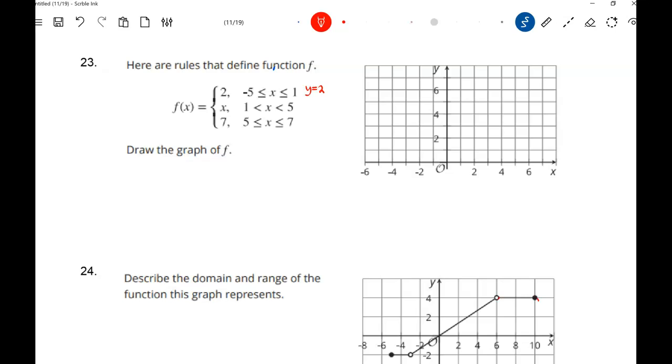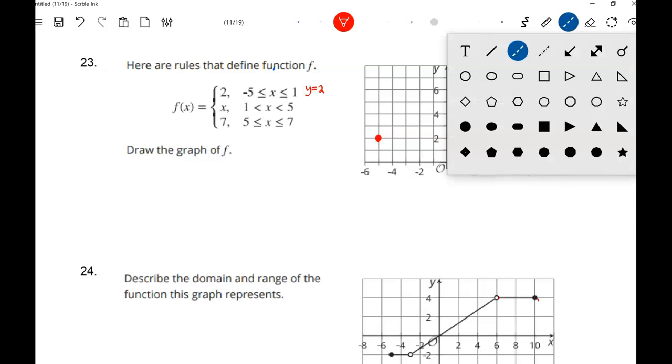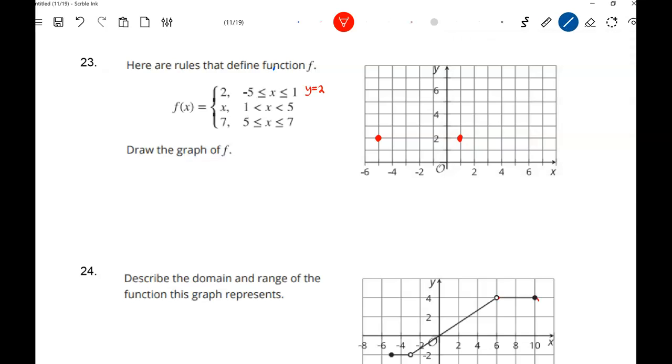So here y is 2, from -5 to +1, and the circles on the ends are solid, and the line is solid, because it's less than or equal to.